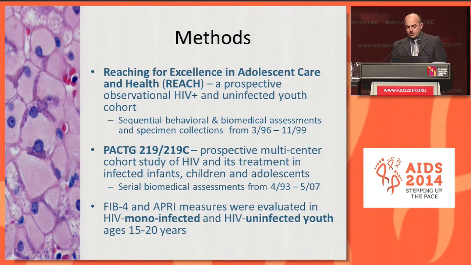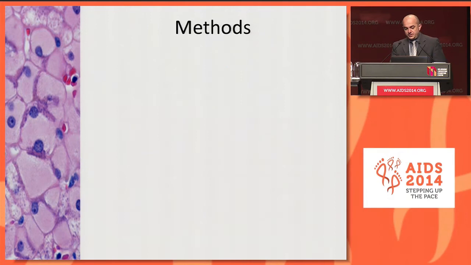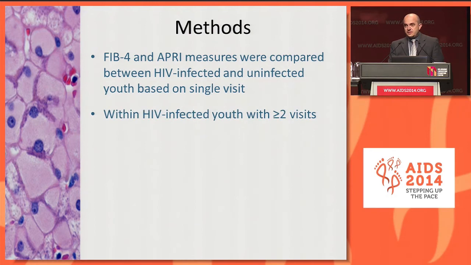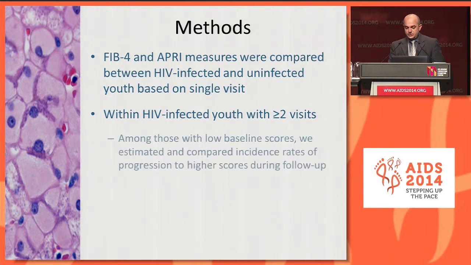The FIB-4 and APRI measures were evaluated in HIV mono-infected youth and HIV uninfected youth, ages 15 to 20, as I mentioned. These measures were evaluated first in a cross-sectional comparison between HIV-infected and uninfected youth based on a single visit, and then longitudinally, focusing only on the HIV-infected youth who had at least 2 visits or more.